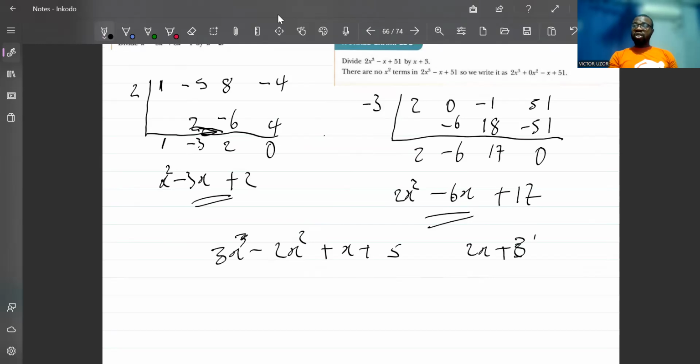It becomes a little complicated because for you to get your x, it has to be minus 3 over 2. That is what you are going to use to solve. It can be tricky, but if it's simple, you can just use it that way and get your answer as fast as possible.